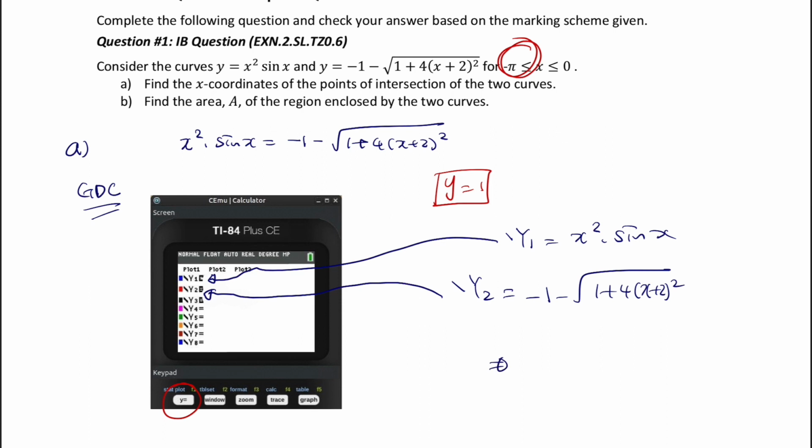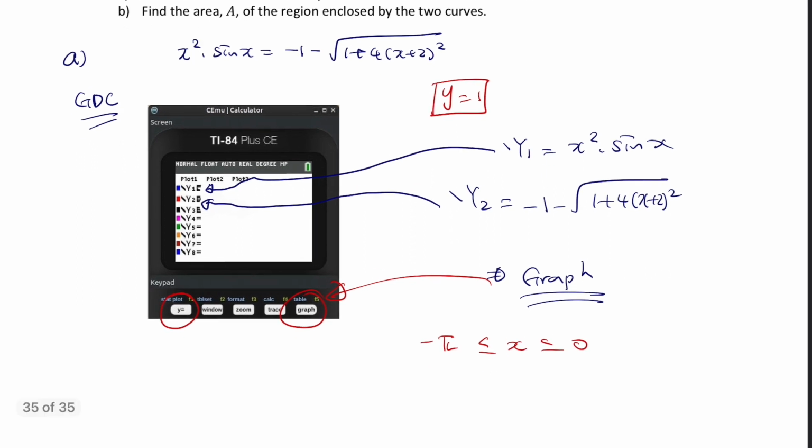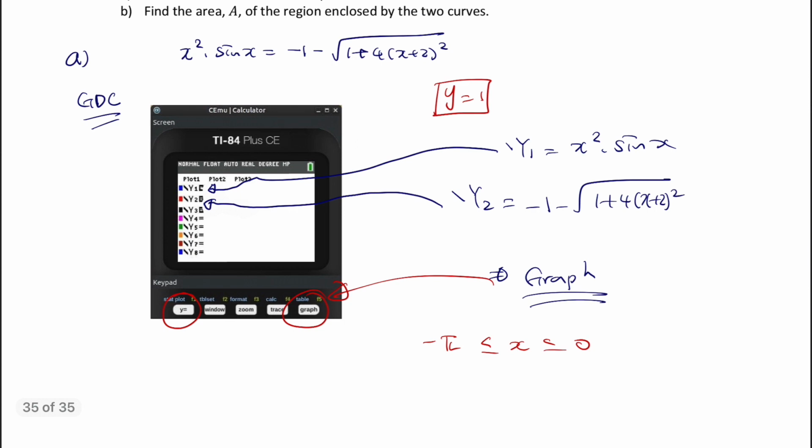So next you need to graph it, using this button here, right? Then make sure your x value range is between negative pi and 0. I'm pretty sure you know how to change the range, right?